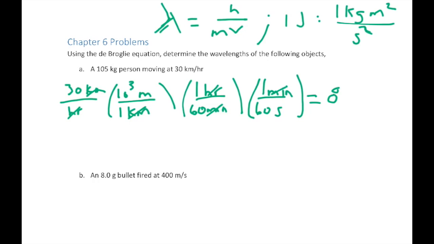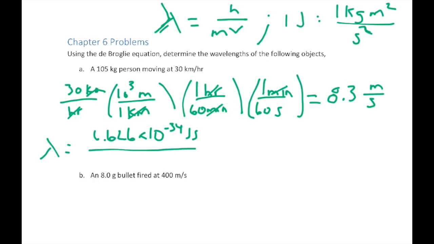That is 8.3 meters per second. Okay, now I'll plug into the formula. Wavelength equals h, so 6.626, our constant, our Planck's constant, divided by the mass, 105 kilograms, times the velocity, 8.3 meters per second.